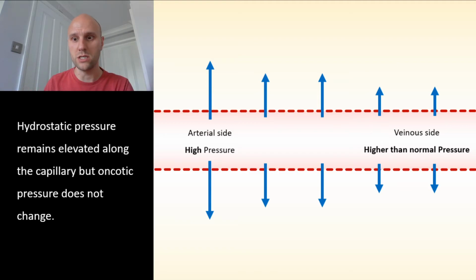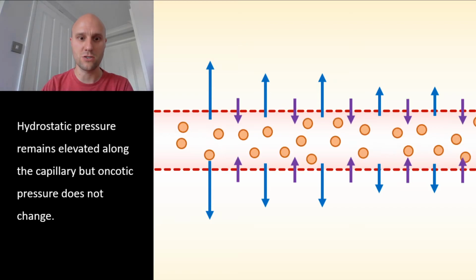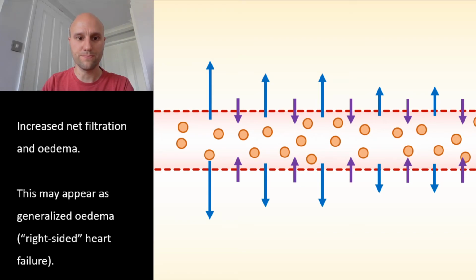So you've got this higher than normal pressure on the venous side, and you're going to get a greater volume of fluid leaving the intravascular space and entering the interstitial space. You still have the oncotic pressure trying to draw it back in, but it's overwhelmed by the extra pressure that exists throughout the capillary bed. Again, this increased net filtration will present as edema.